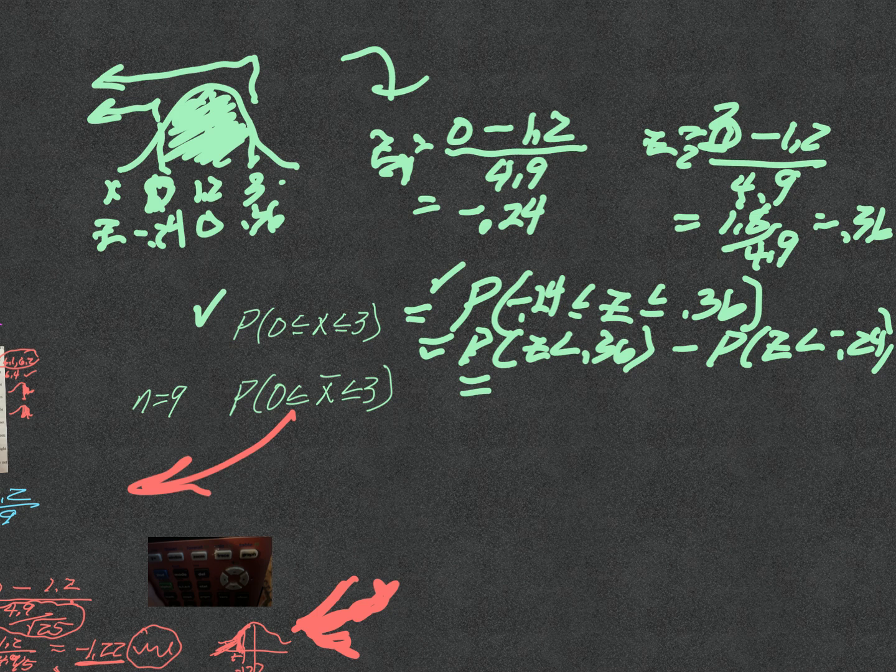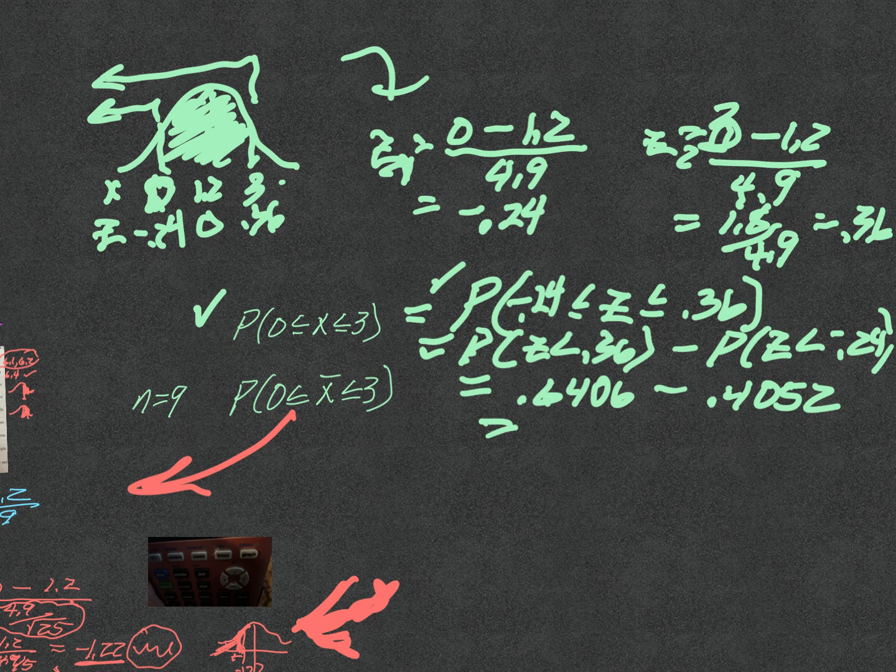So I look up 0.36, and it should be 0.6406. And subtract the negative 0.24, which is 0.4052.